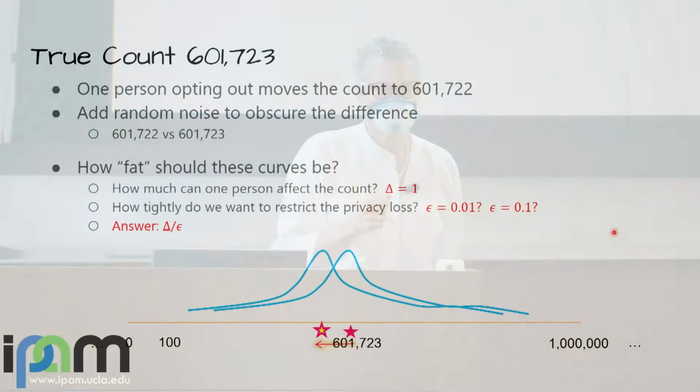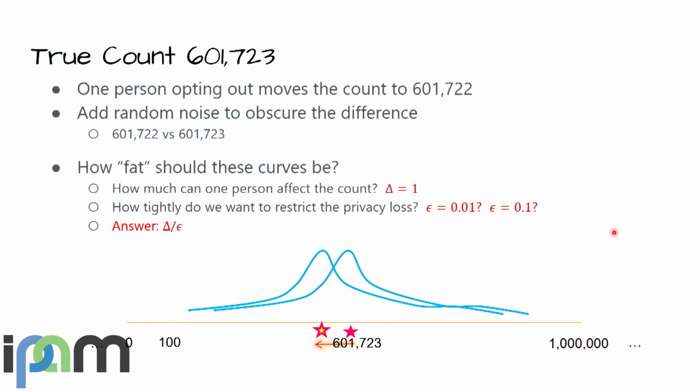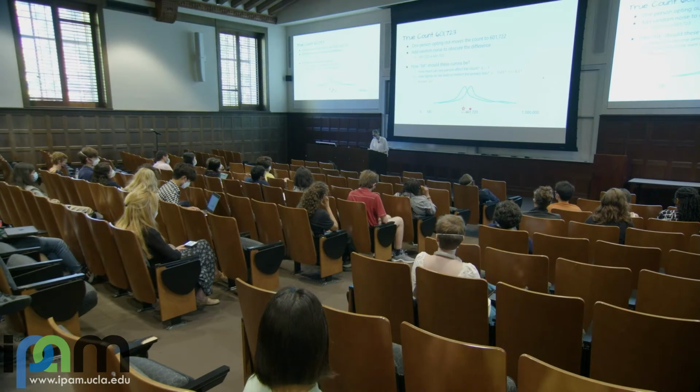If we want very, very good privacy, then again, we want to smear that probability distribution out. If it's too narrow, if it's a sharp peak right over the actual value, we're not going to be able to hide much. And when we have epsilon in the denominator, a smaller epsilon means, again, a fatter curve. So that's the flavor of it.